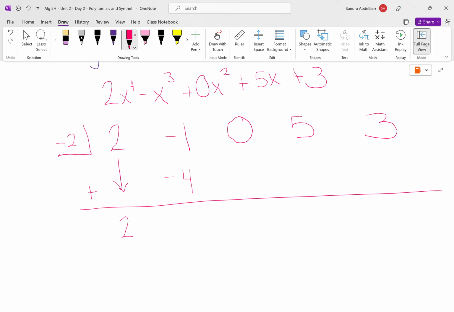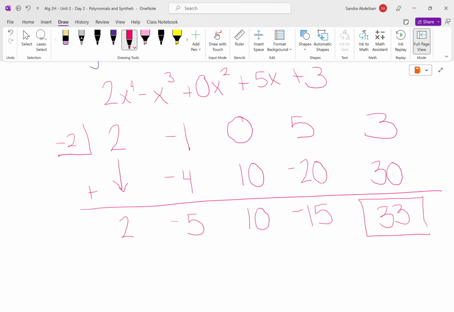Bring down the 2. 2 times -2 is -4. -1 plus a -4 is a -5. -5 times -2 is 10. 0 plus 10 is 10. 10 plus -2 is a -20. 5 plus a -20 is a -15. -15 times a -2 is 30. 30 plus 3 is 33.